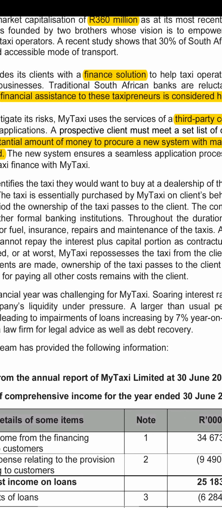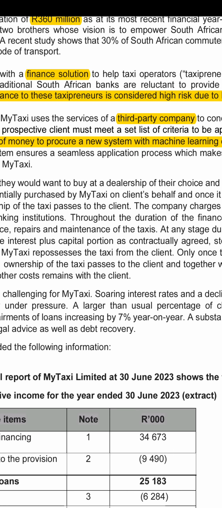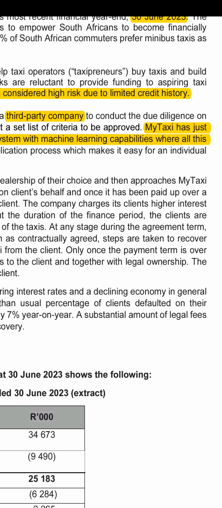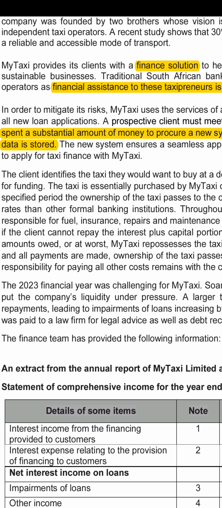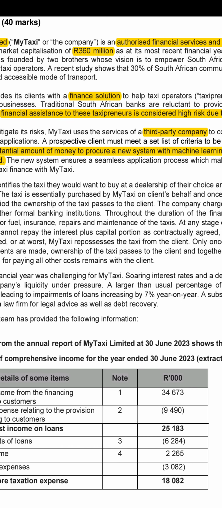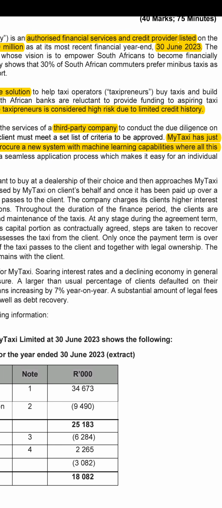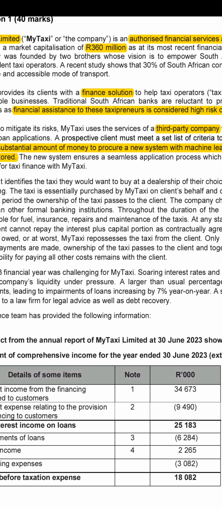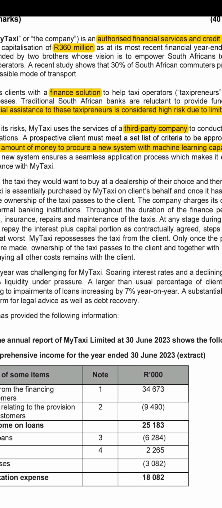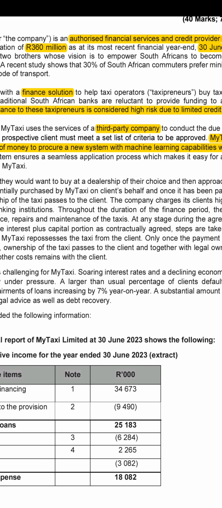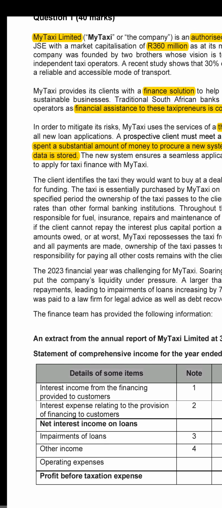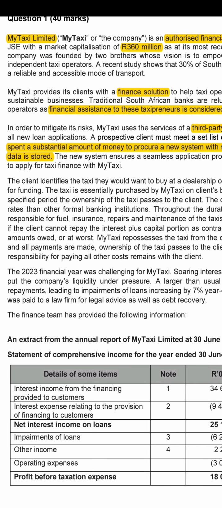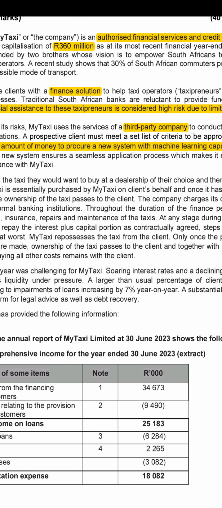The taxi is essentially purchased by My Taxi on the client's behalf once it has been paid up over a specified period. Okay, so let's look at that again. The taxi is essentially purchased by My Taxi on the client's behalf. Jeez, typos in the exam. And once it has been paid up over a specified period, the ownership will pass to the client. Okay.